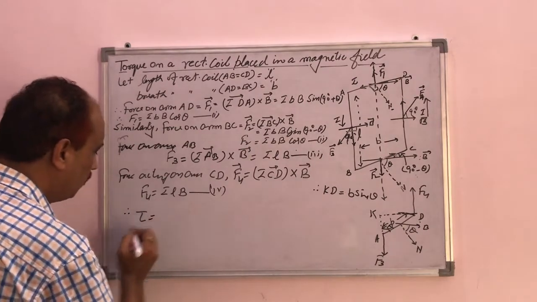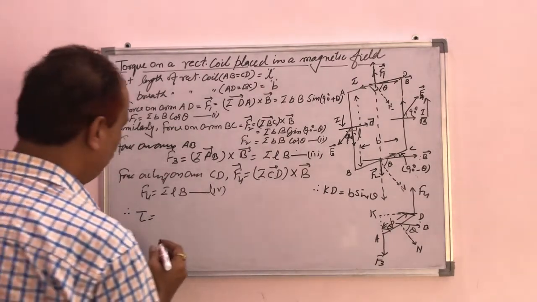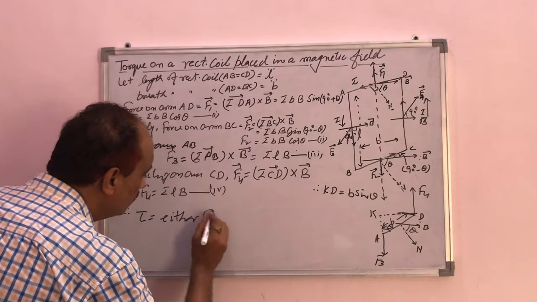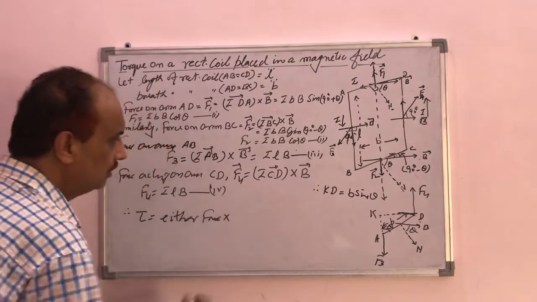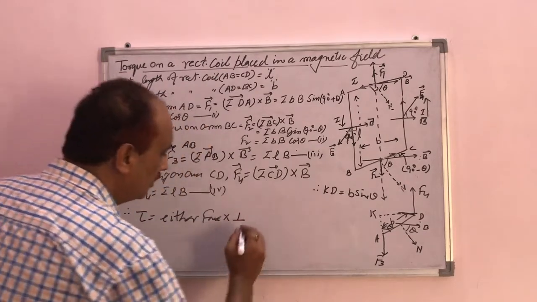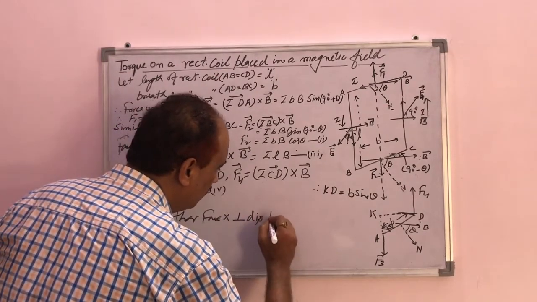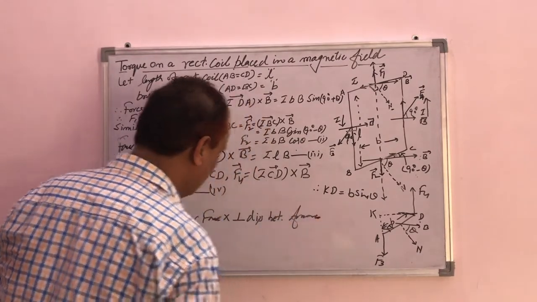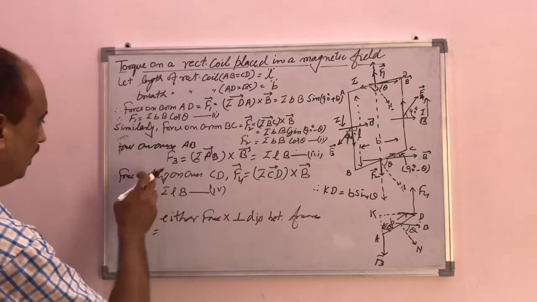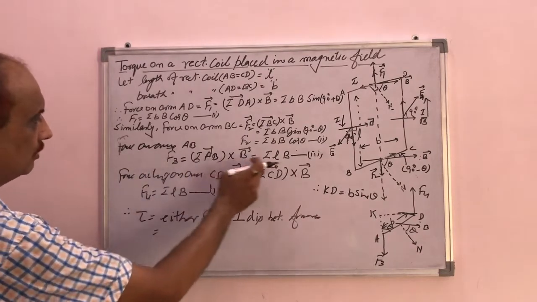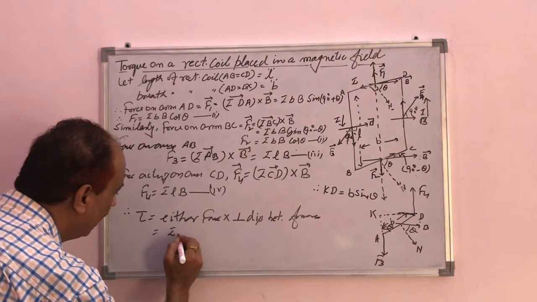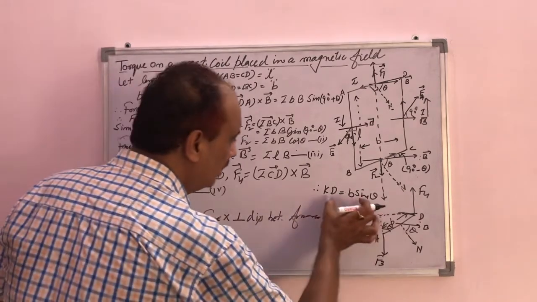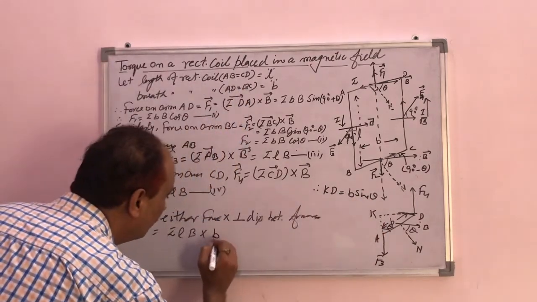So tau equals, the general formula, either force multiplied by the perpendicular distance between the forces. Either force is taken from F3 or F4, the magnitudes are equal to each other, that is ILB. So we put here ILB, and the perpendicular distance KD equals B sine theta.